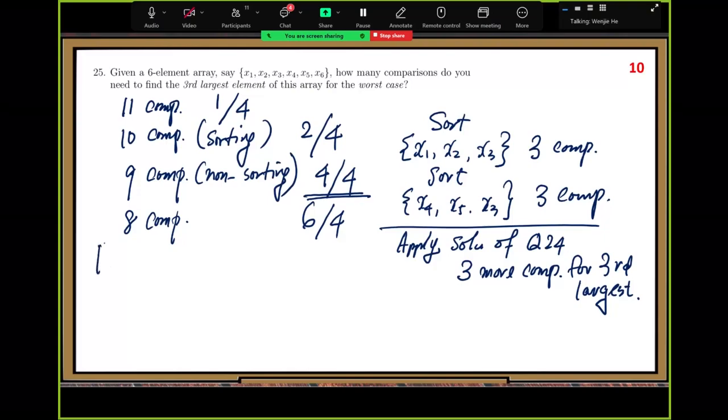So when we find a median of 5, we find the median of 5 with 6 comparisons.